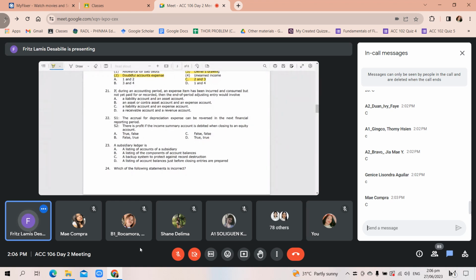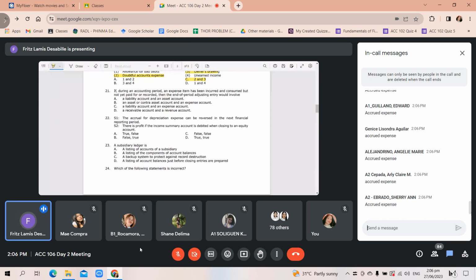This is called a what? Correct. Accrued expense, or an accrual of an expense. Very good. Again, accrued expenses are those expenses already incurred or consumed but not yet paid.